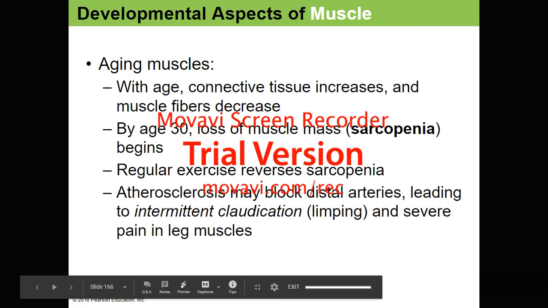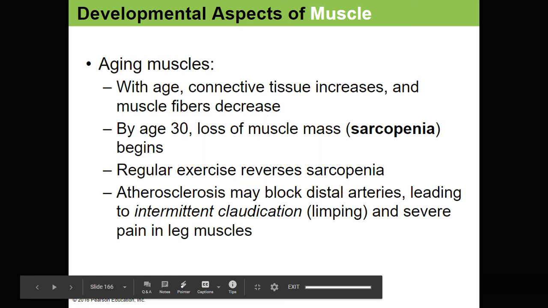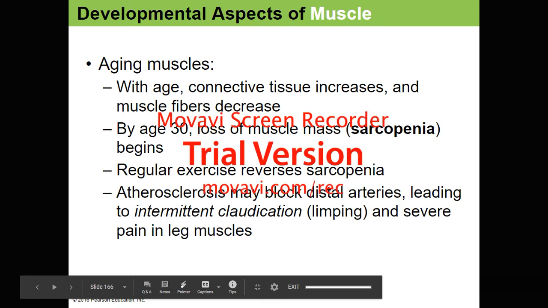Your blood flow is going to be decreased, and so your distal body parts like your legs may have insufficient blood flow, and you can end up with pain in your leg muscles and so forth. All right, if you have bad blood flow because your arteries are clogged, essentially.